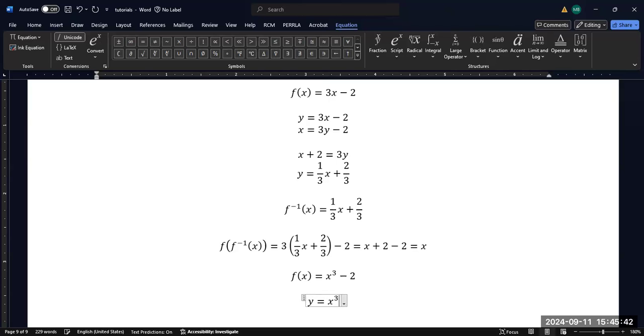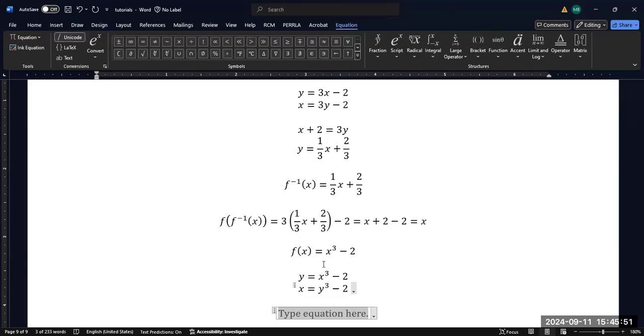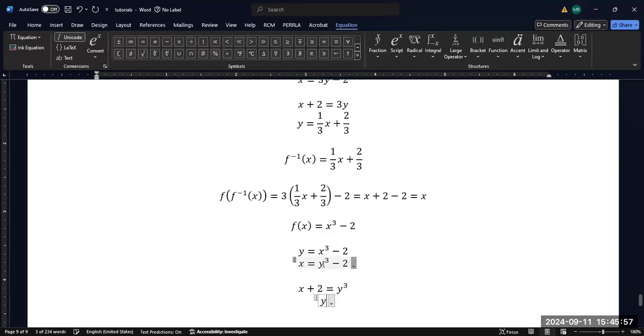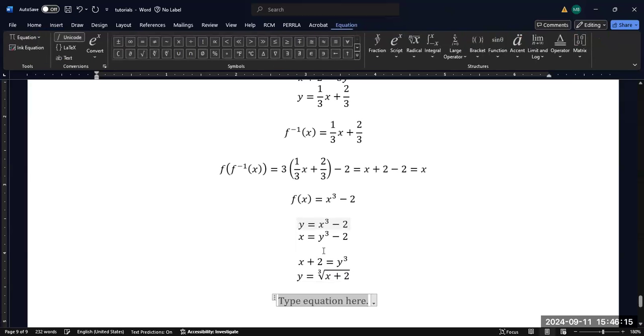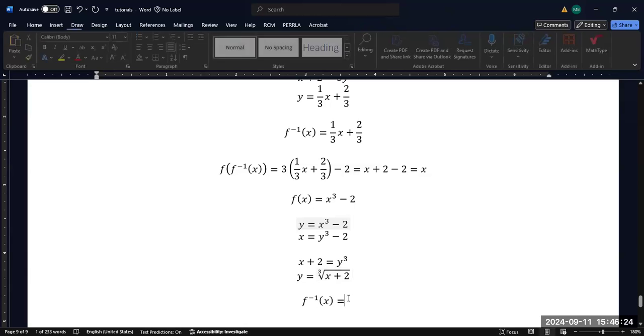We would switch our x and y, solve for y, so I put the 2 over to the other side, take the cube root, cube root, not the square root. And so my inverse is the cube root of x plus 2.